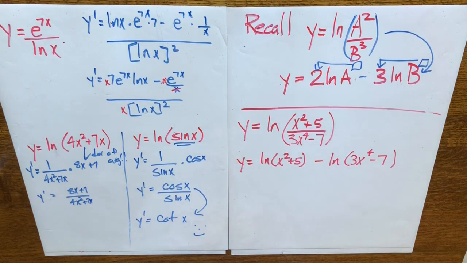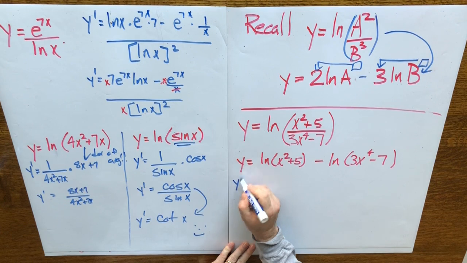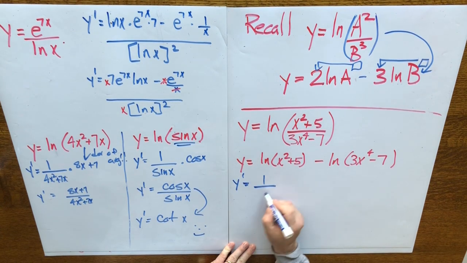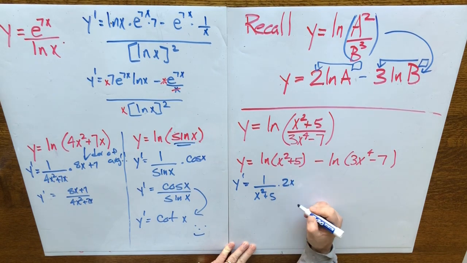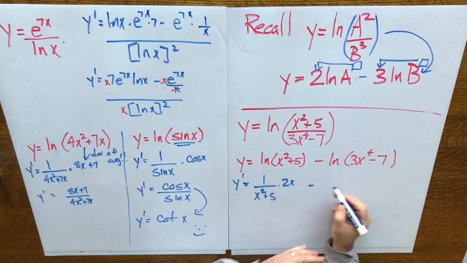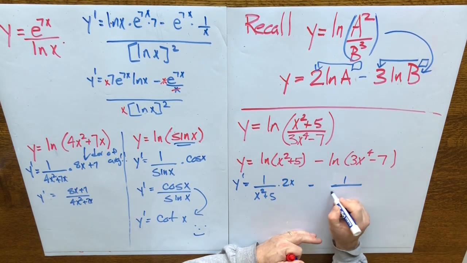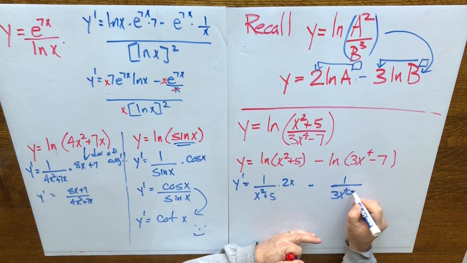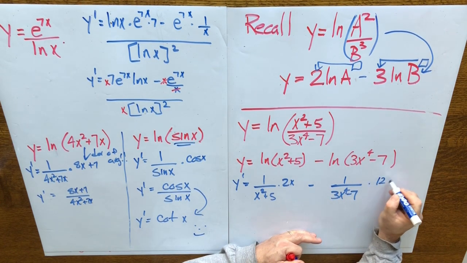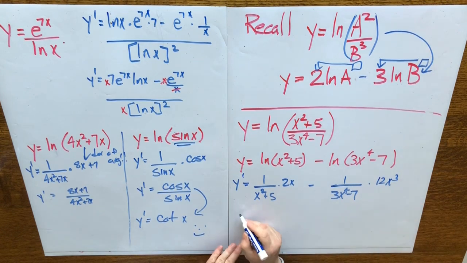No quotient rule required. y prime equals 1 over the argument times the derivative of the argument, minus 1 over the argument times the derivative of the argument.